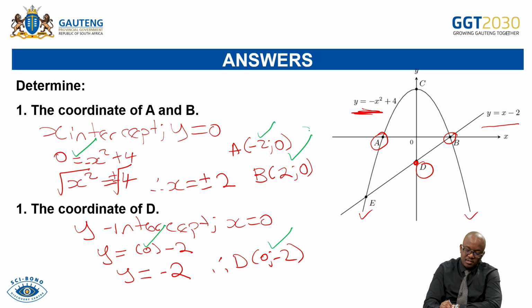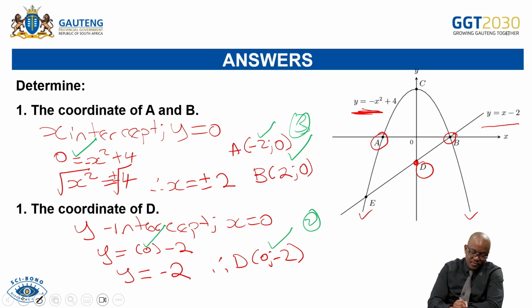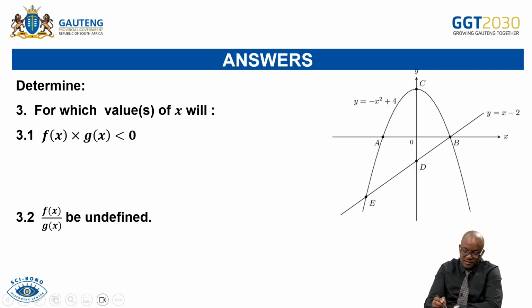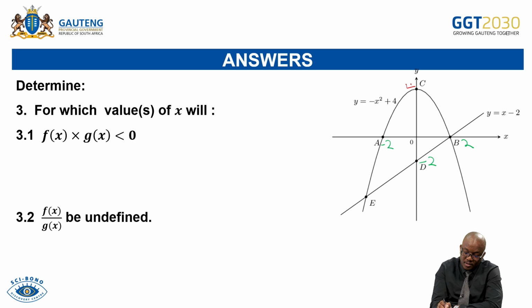So you will find that this one is 3 and that one is 2. Correct. Then now, we know our values: -2 and 2 and -2. The turning point, we know that it will be at 4 there.